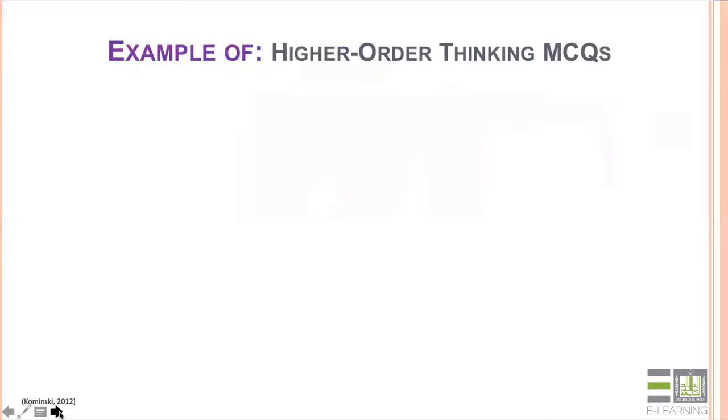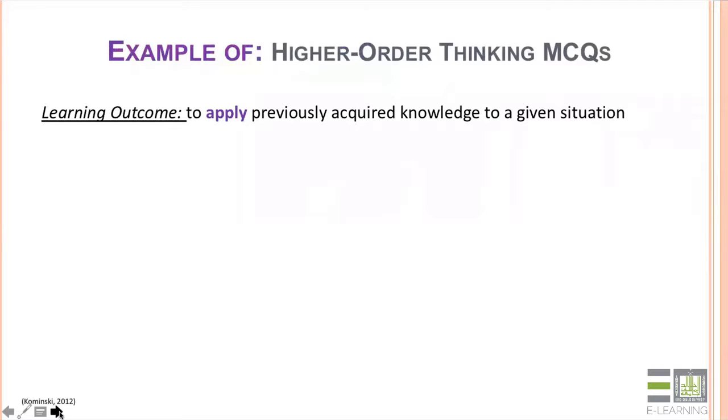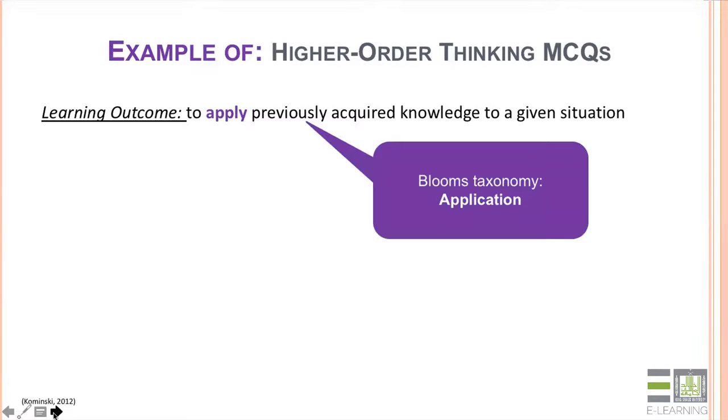For an example, if we had a learning objective that asked students to apply previously acquired knowledge to a given situation, the keyword here is apply, which fits the Bloom's taxonomy level of application.